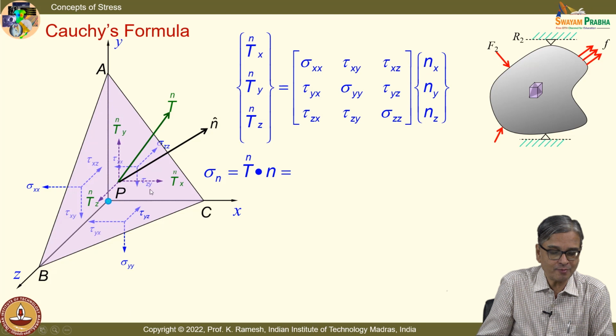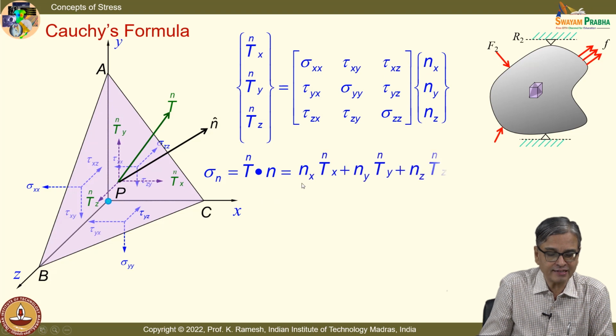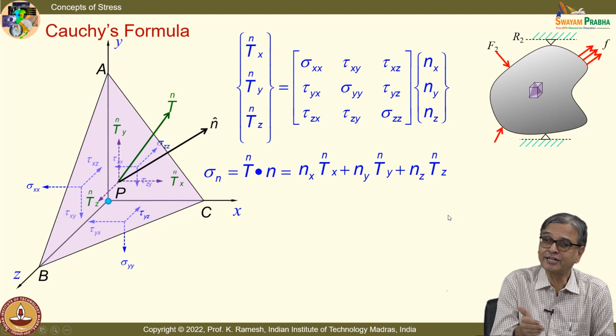I can find out the normal stress as simply a dot product, Tn dot n, and when I do this, I get nx Tnx plus ny Tny plus nz Tnz, which you can also write down in longhand. I will also show it because you know what is Tnx, Tny and Tnz.